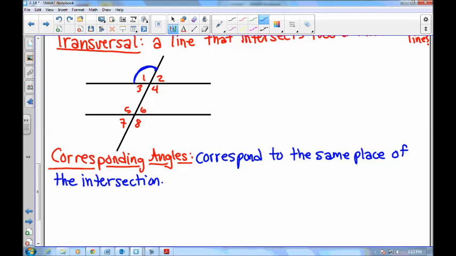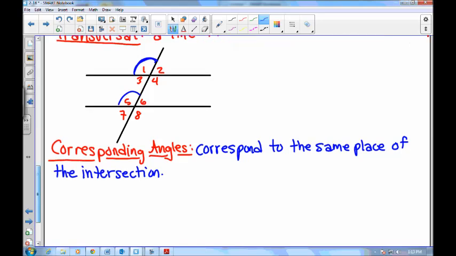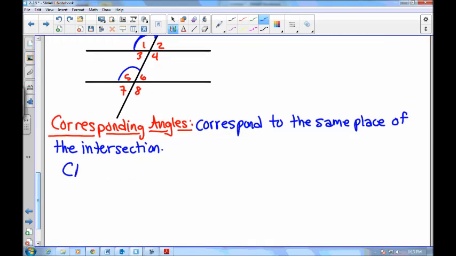Is that top left? Angle 5. Do you agree those are both top left? So those are corresponding angles. And an abbreviation is CA. So we're going to list a bunch of corresponding angles. You just told me angle 1 and angle 5 are corresponding. They correspond to the same place of the intersection.